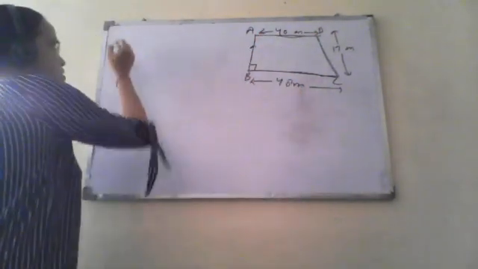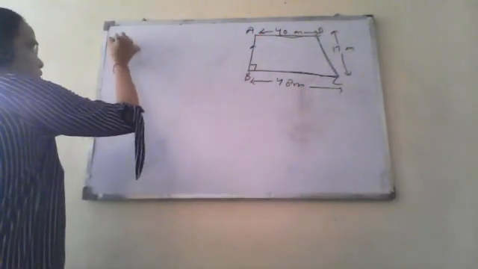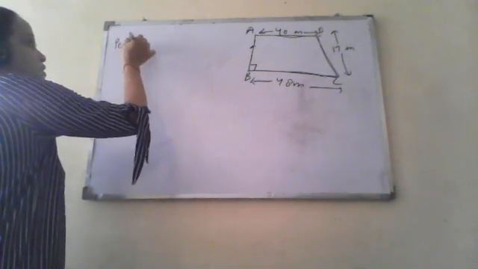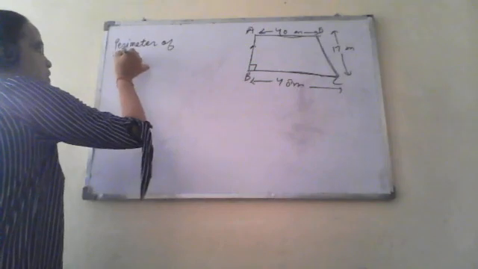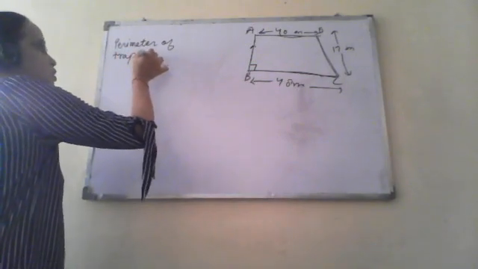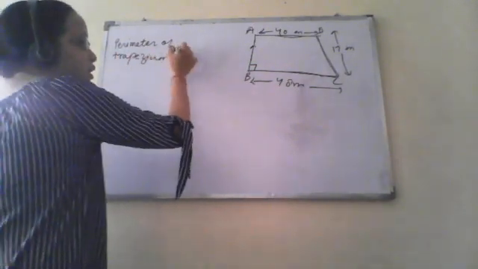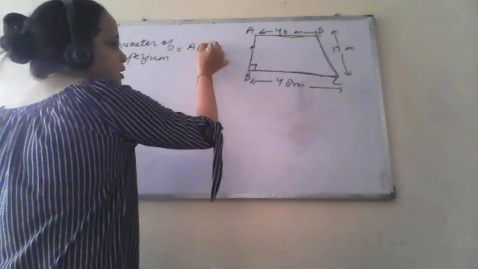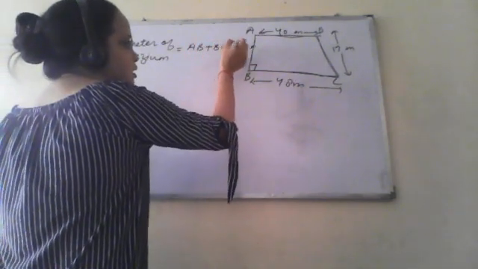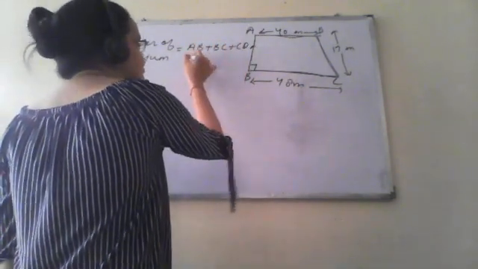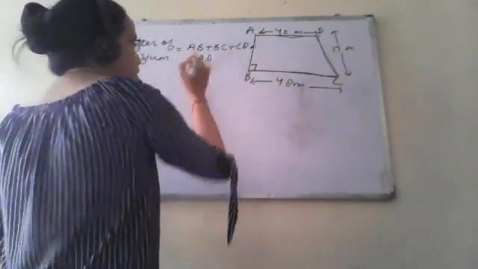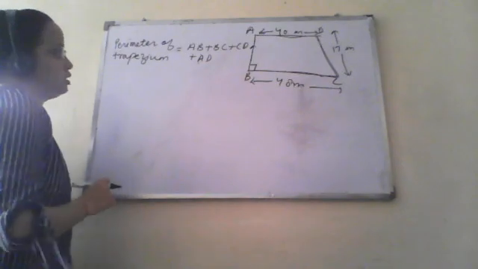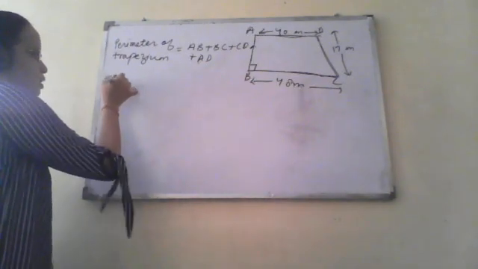So this length is equal to the perimeter of the trapezium, which is AB plus BC plus CD plus AD. It is given as 120.